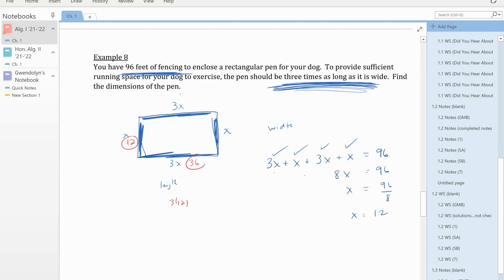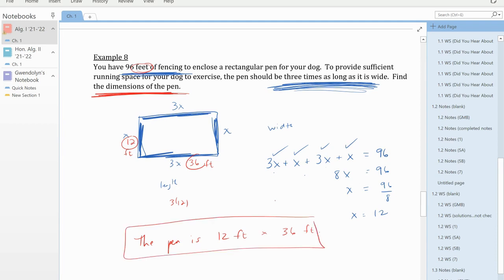So when they say find the dimensions of the pen, everything's in feet because we're talking about feet. Then the pen is 12 feet by 36 feet. You could say that. That's dimensions. And when you put that little X on dimensions like that, people say the word by.